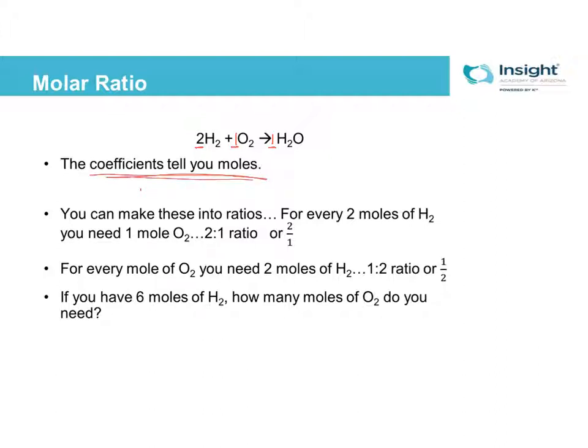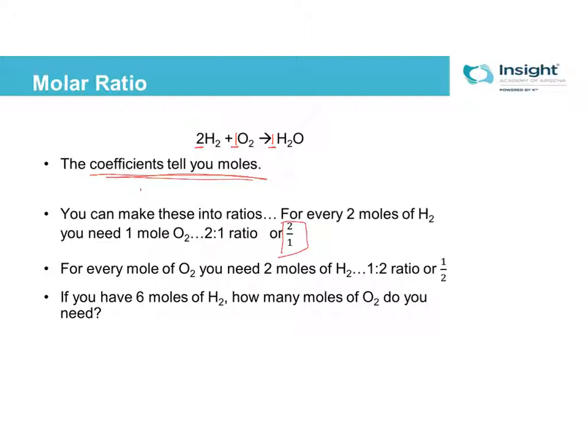Those coefficients can be turned into ratios. So, if you have 2 moles of hydrogen, you need 1 mole of oxygen. So there's the 2-to-1 ratio, which can be written as fractions. And it's the fraction form that's going to help us when it comes to doing these calculations. All right, those fractions can also be flipped depending on what you need.